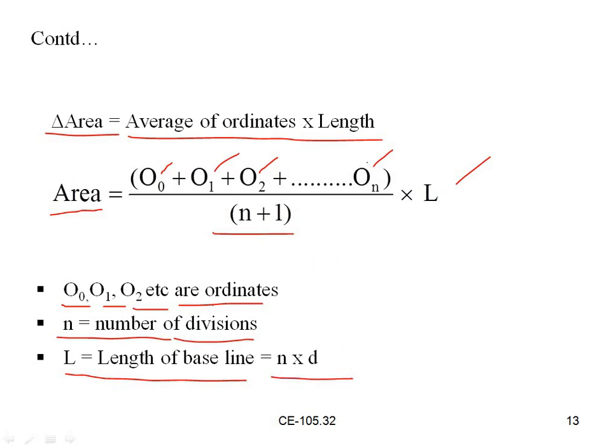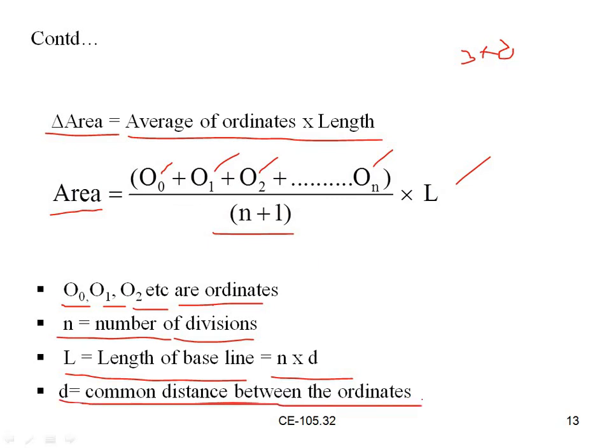Suppose the number of divisions given is 3, then 3 into the distance gives us L. And d is equal to the common distance between the ordinates. This we have to apply here.